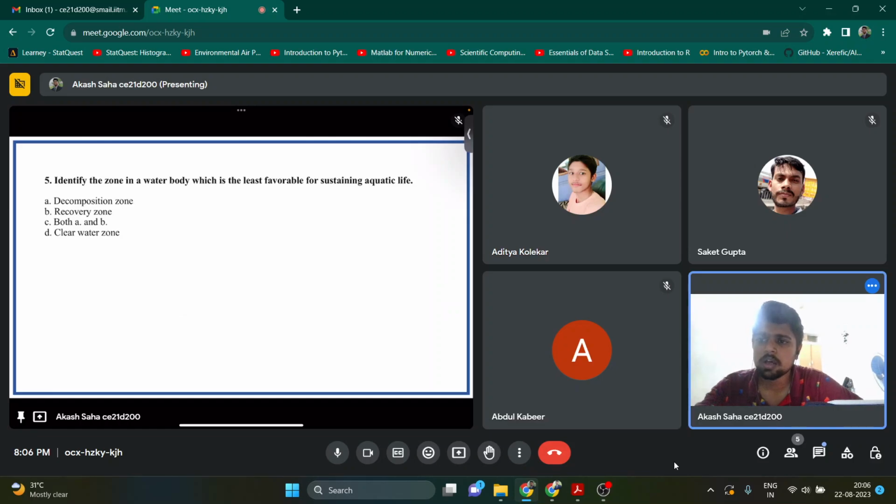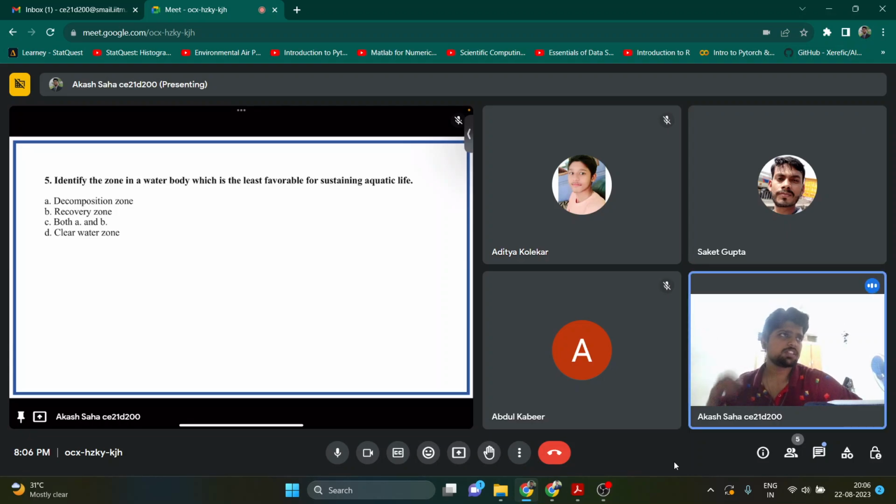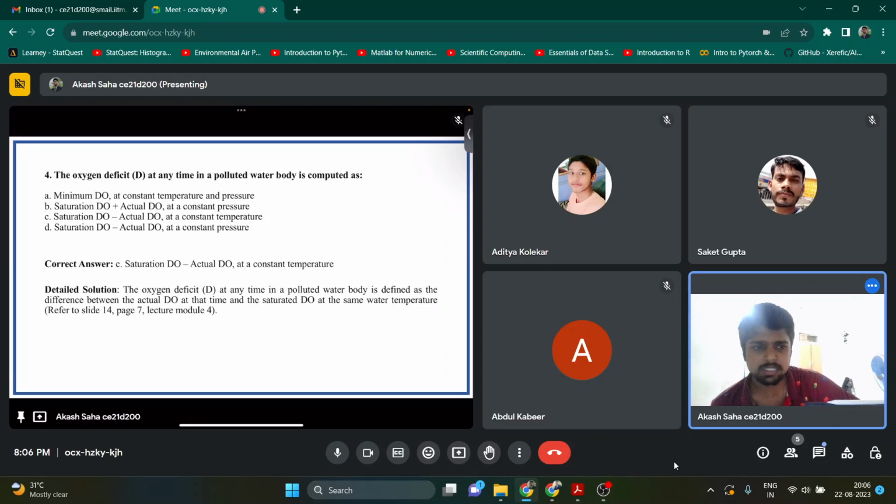Okay. Identify the zone in water body which is least favorable for sustaining aquatic life. Sir, is there any significance of pressure? Significance of pressure, see, it is just for the calculation problem. With respect to pressure also, the DO will change. Okay, it can change.